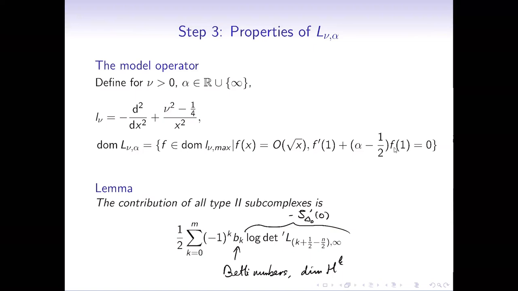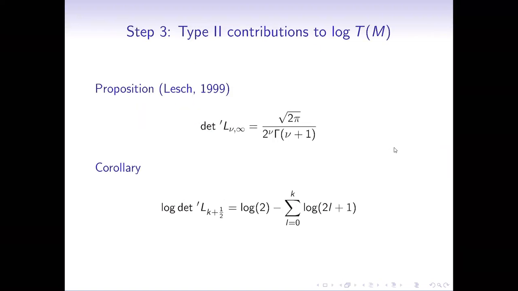Only then you have an infinite number of them, and things get even more out of hand. It turns out that we just straight up know the regularized determinant for these operators, based on a very recent paper by Matthias Lesch. You can just compute it.